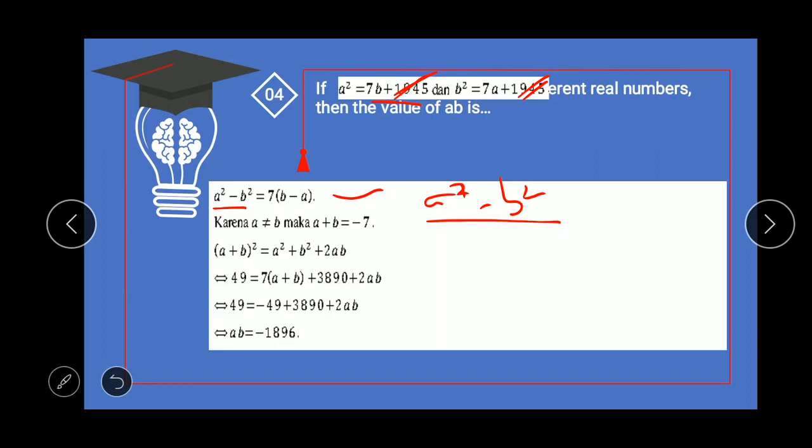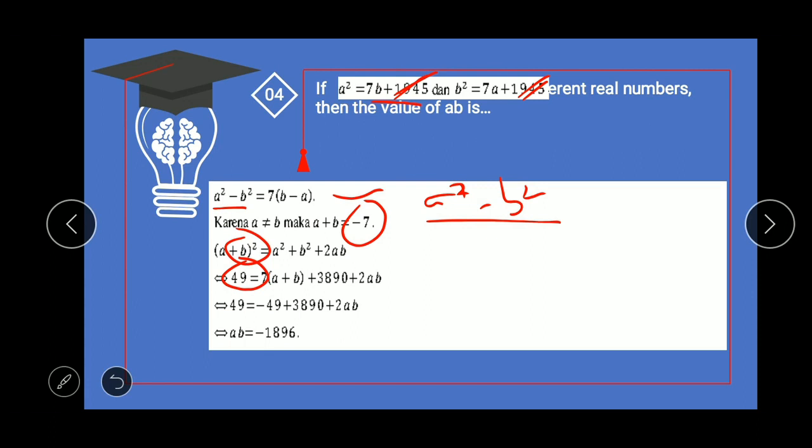Then we can substitute the value of a plus b, which is -7, and we find 49.